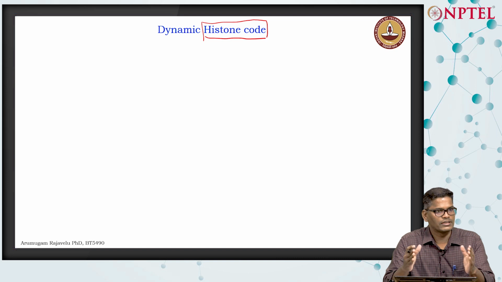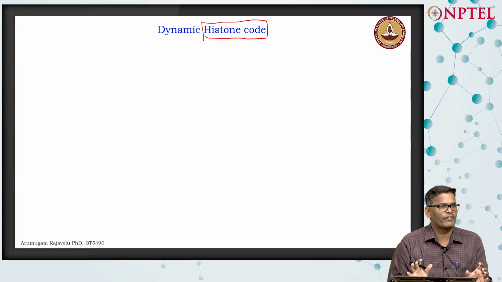See, for example, gene activation histone code means it is always or most likely K4 and then acetylations. And repressive, it is possible K9 alone or K36 alone or K27 alone, H4K20 or combinations. That combination you define as a histone code.